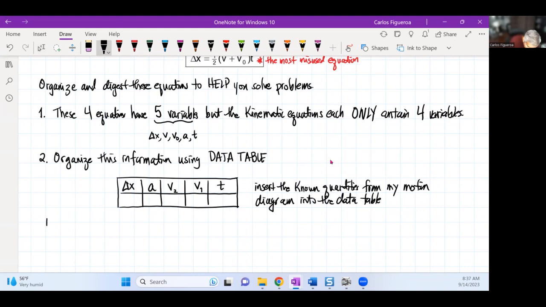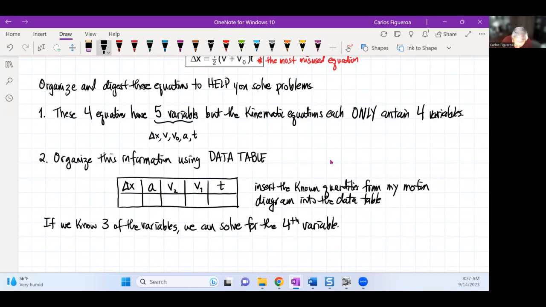So if we know 3 of the variables, we can solve for the 4th variable.